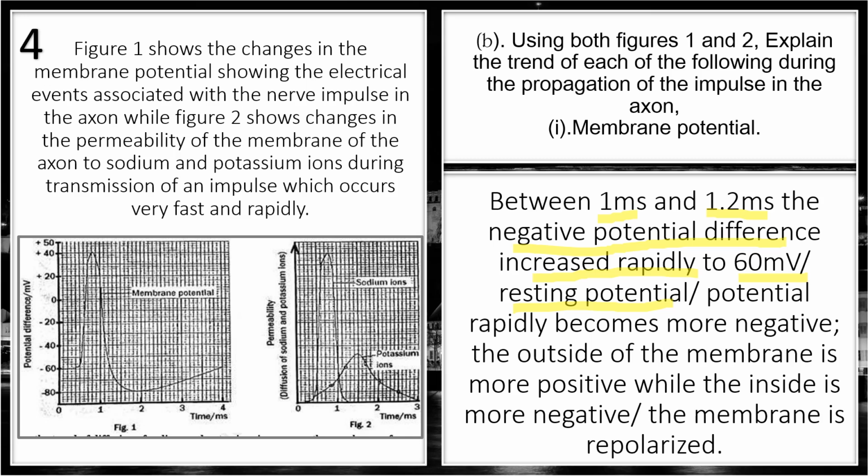So from 1 to 1.2, the potential rapidly became more negative.